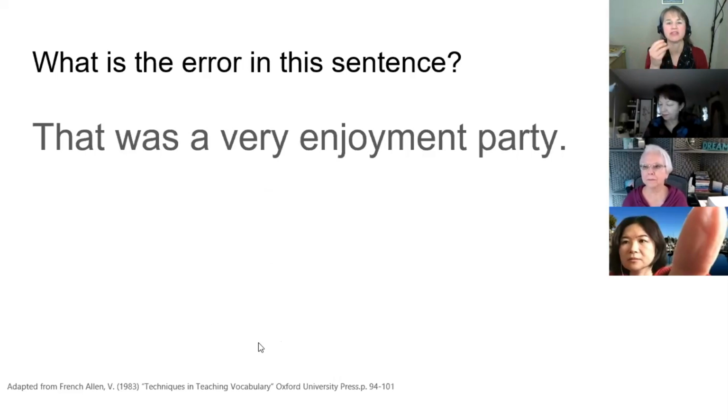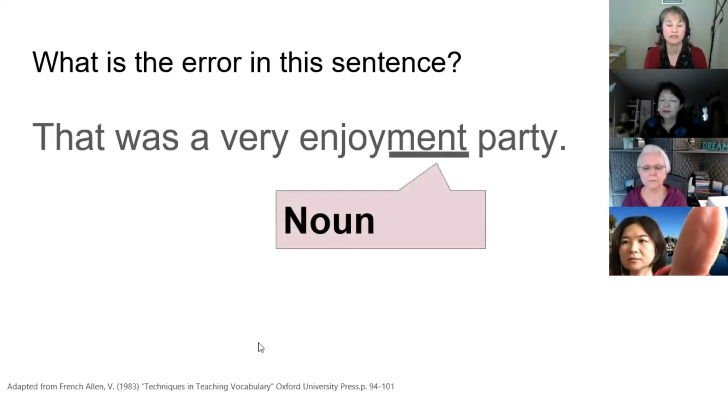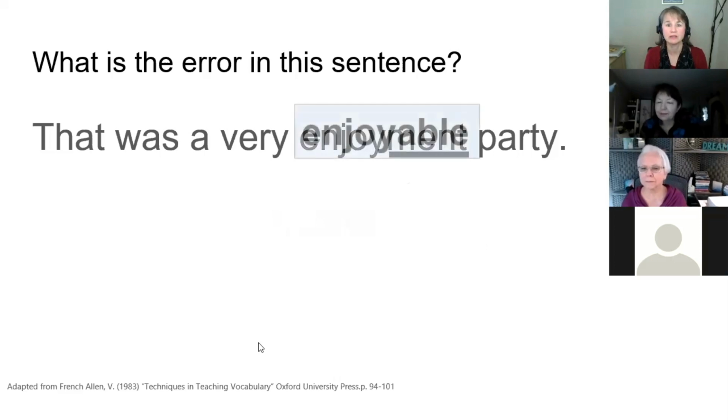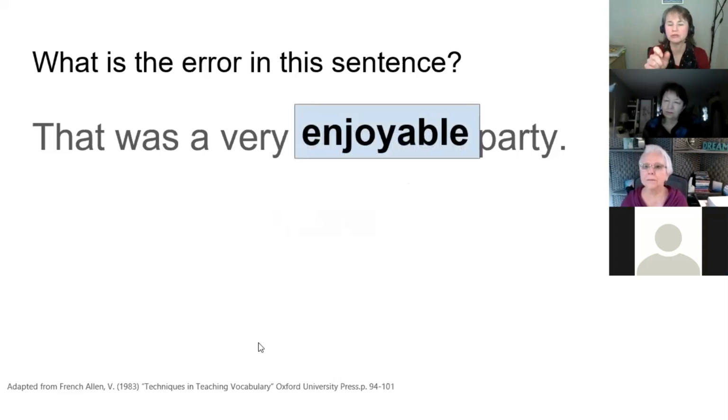It means this is a thing, an object, an idea. So it doesn't fit to use the M-E-N-T ending to describe the party. We need an adjective ending. We need enjoyable. So we're still using enjoy, but we're just using a different ending depending upon what that word is doing in the sentence.